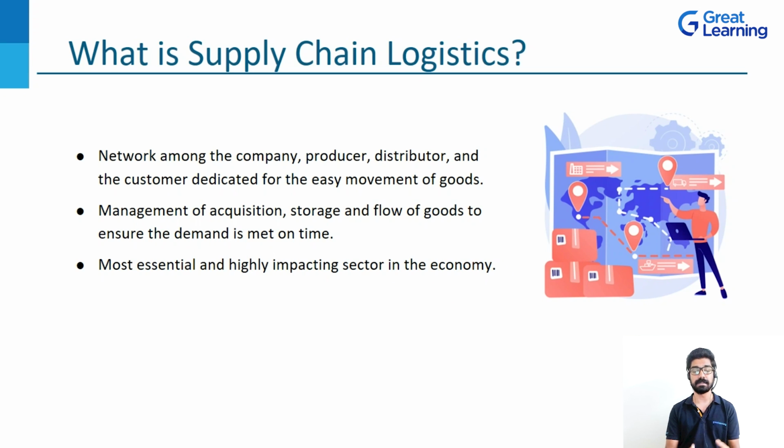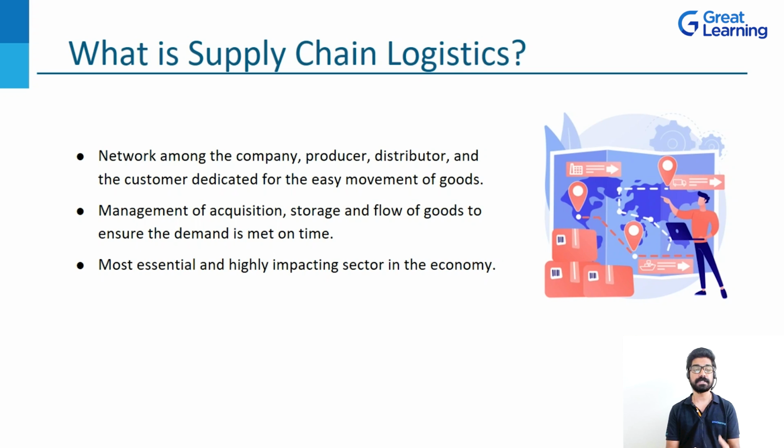They manage these demands and try to deliver these items to that particular location within the stipulated time. And one more thing you should know: supply chain logistics is one of the most essential and highly impacting sectors in the economy, because all the products and services are trying to boost the economy, right?